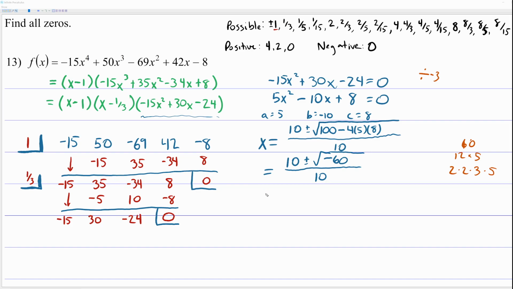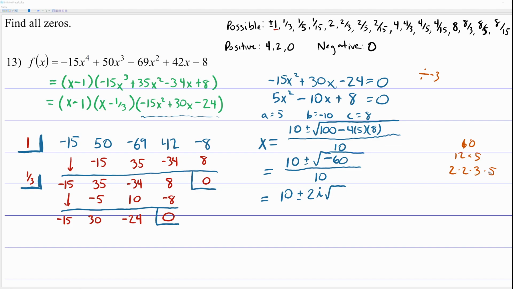So, our next to last step, I hope, is we have 10 plus or minus. When we simplify the radical, we're going to be able to bring out a 2, because there's two copies of that factor. But we're taking the square root of a negative. So this is 2i square root. What's left underneath?